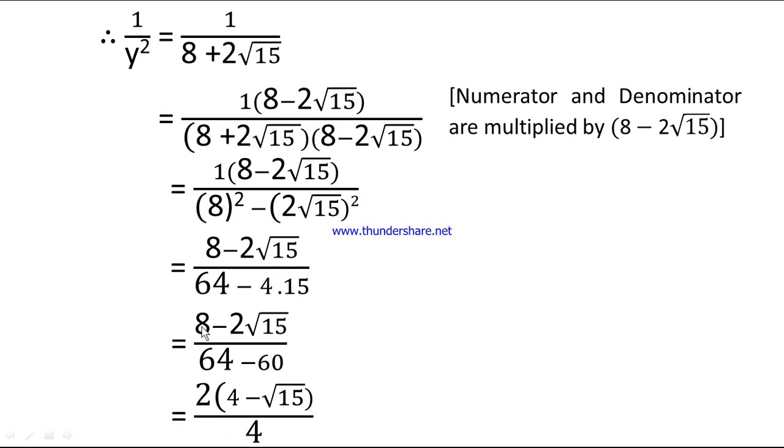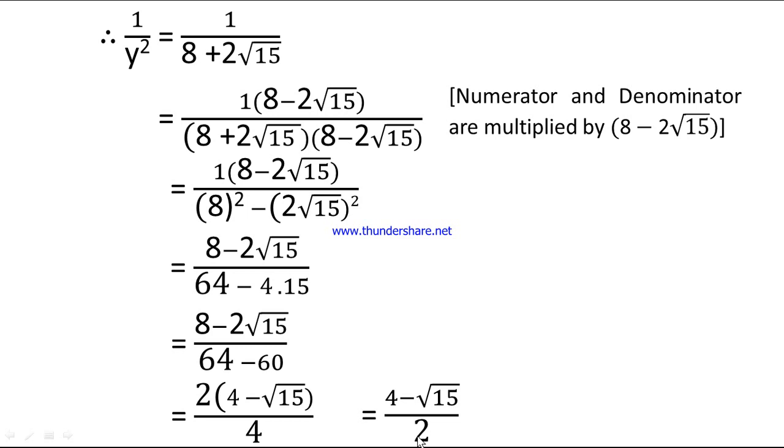And here we can keep common 2. Then the factor will be 2 into 4 minus root 15. And now we can divide numerator and denominator by 2. Then the result will be 4 minus root 15 by 2.